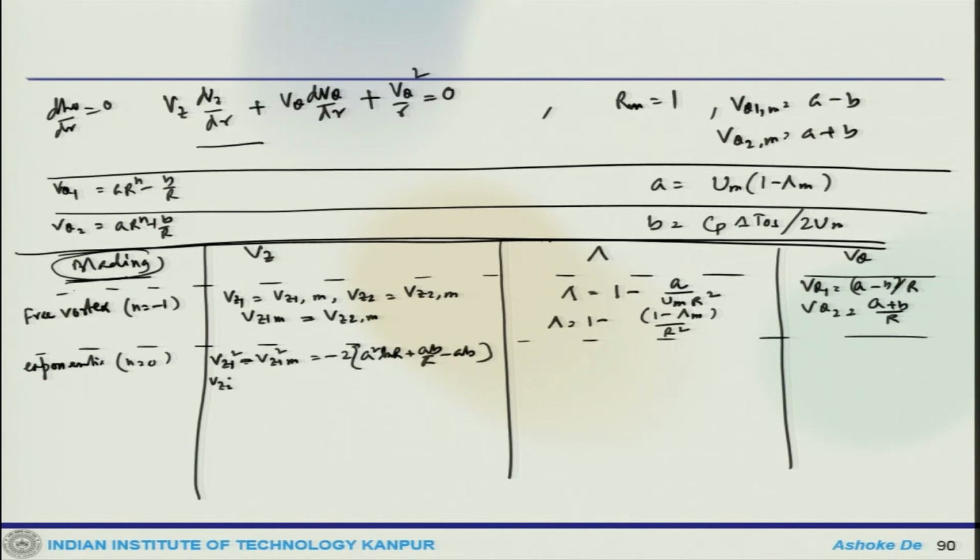Similarly, V z 2 square minus V z 2 m square equals minus 2 A square ln r minus A b by r plus A b. So, V z 1 m equals V z 2 m, and V z 2 square minus V z 1 square equals 4 A b (1 by r minus 1).